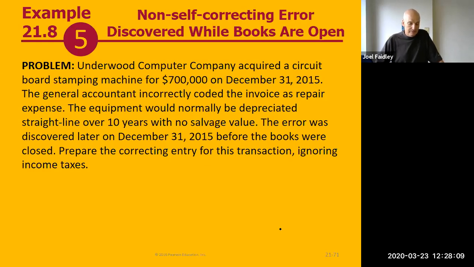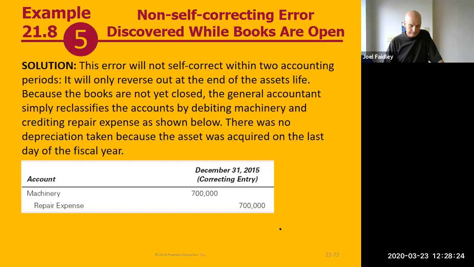The error was discovered later on December 31, 2015, before the books were closed. Prepare the journal entry for this. You're just going to take it out of repair expense and put the machine in because the books are still open.